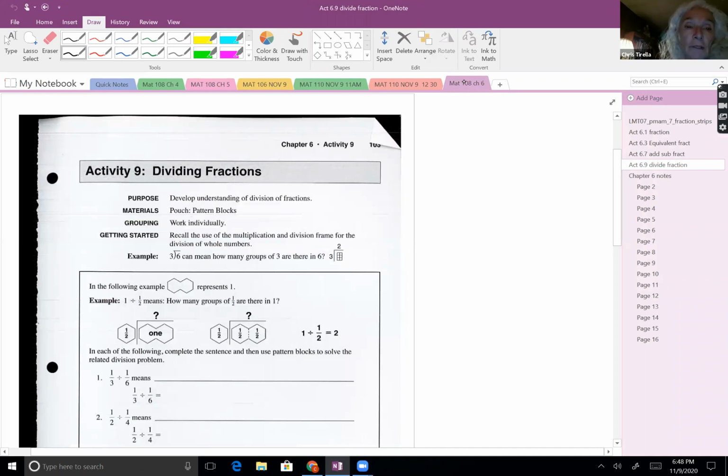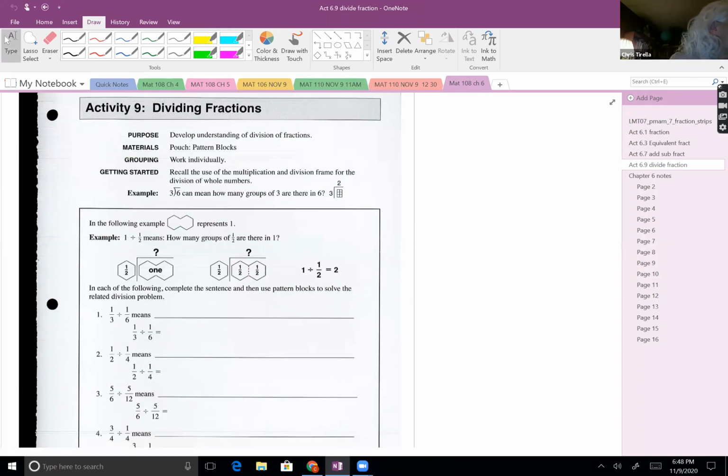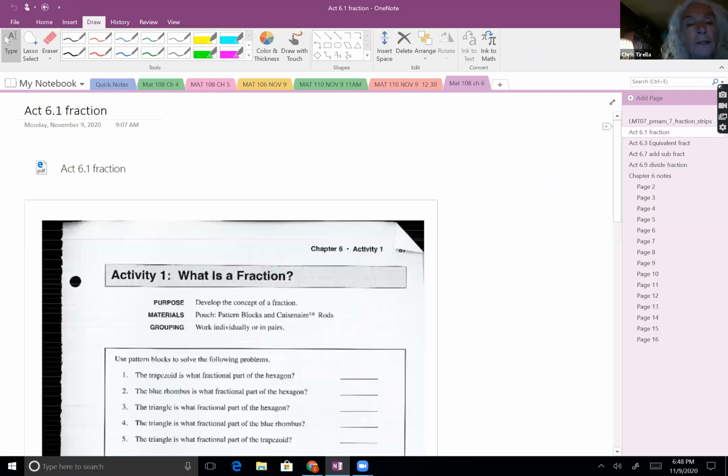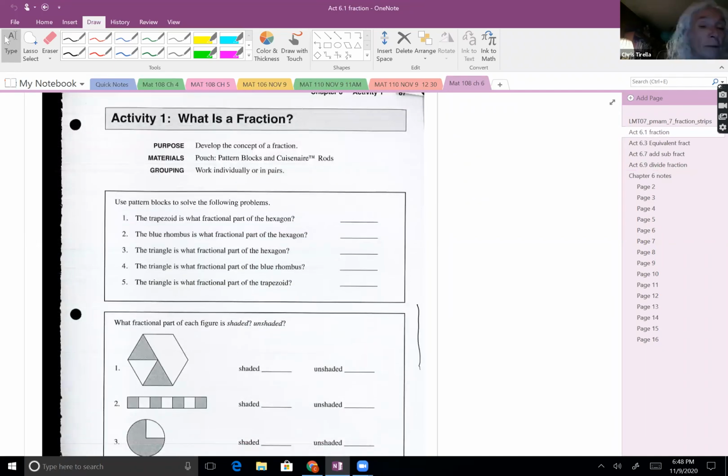I had thought that we could look at those chapter 6 activities that I had put in Blackboard. I think that the numbering of the activities is pretty much the same.